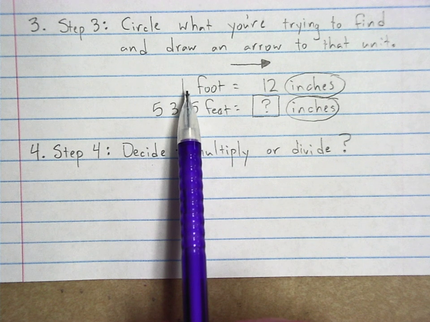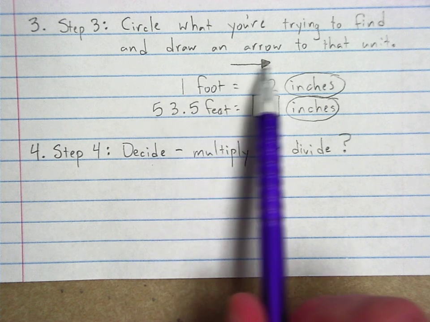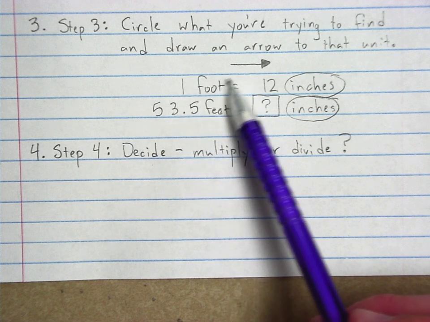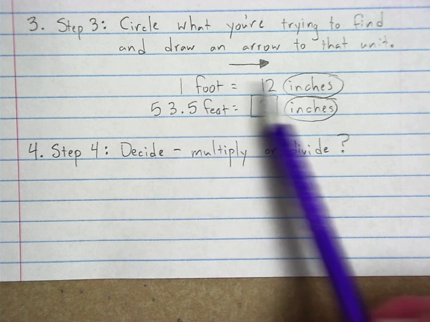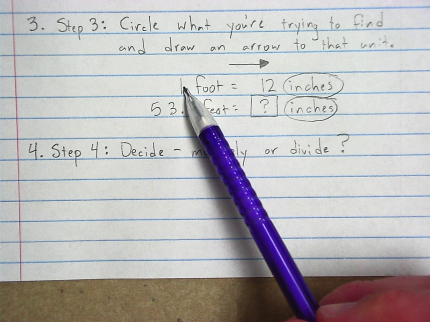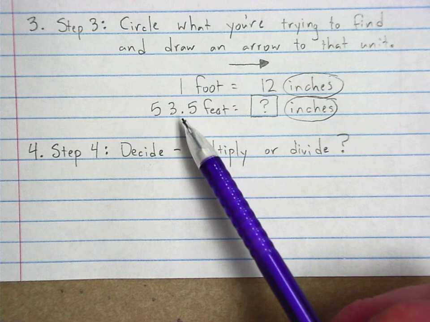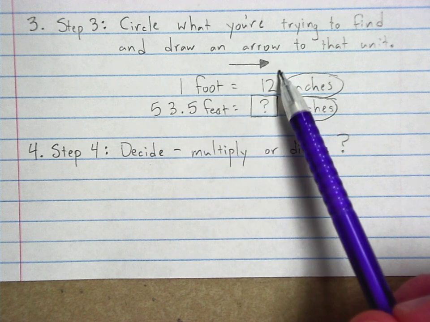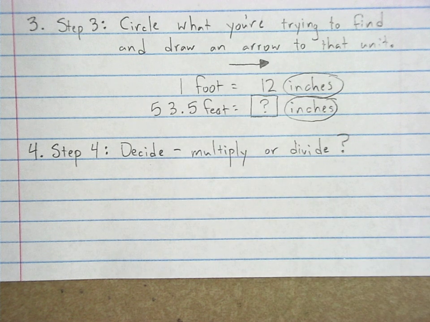If I'm going from 1 foot to 12 inches, take a look at these two numbers, the 1 and the 12. How am I going to get from 1 to 12? Do I multiply to get from 1 to 12, or do I divide to get from 1 to 12?